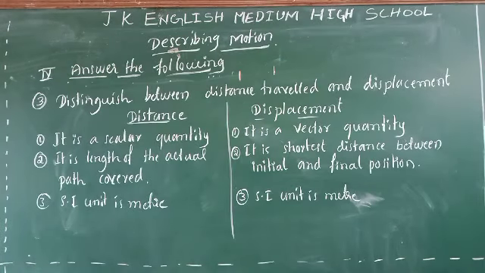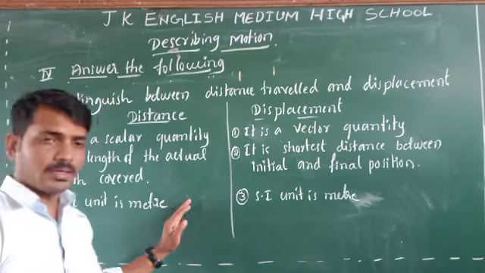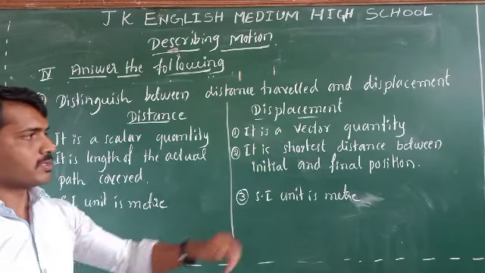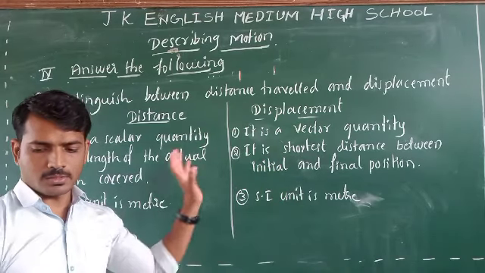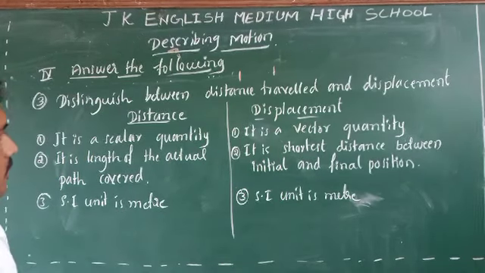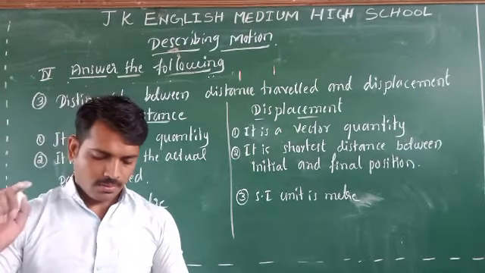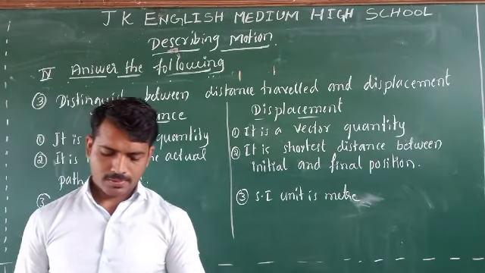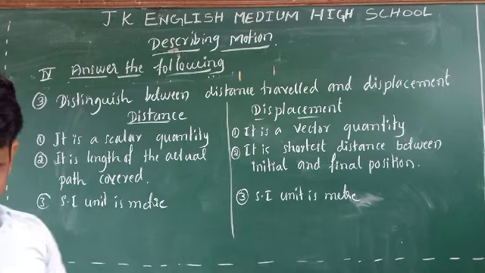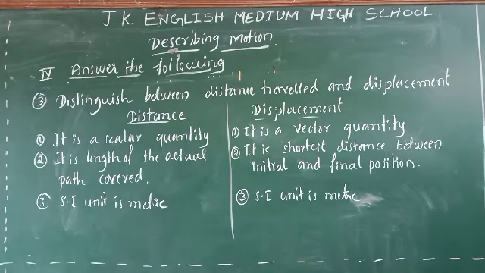Clear? Not per second will come, only meter. Because the actual length is there, I will take the actual length in meter. I will take the shortest distance in meter. These three are the differences between distance as well as displacement. Okay, shall I go for question number 4?